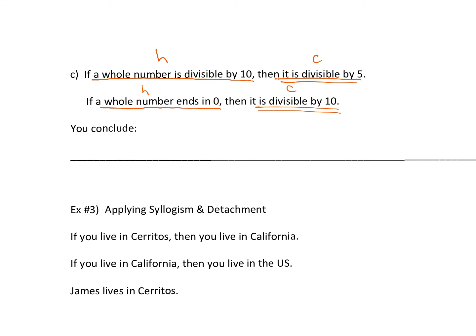Is it possible to make a conclusion? Do you have anything that's the same here? Divisible by 10, right. So if we get rid of the 2 that are the same, divisible by 10, divisible by 10.